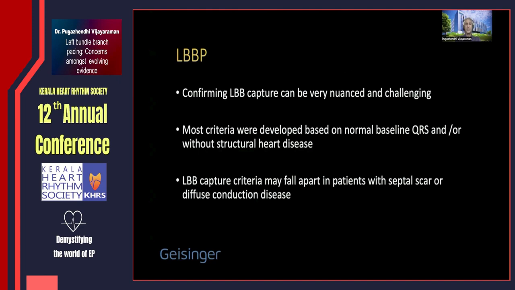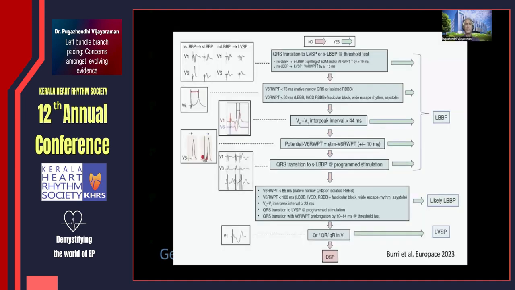It's important to understand that many of the criteria that were developed initially, while highly specific and trying to make it simpler, were based on a normal baseline QRS and patients without structural heart disease or without left bundle branch block. And the left bundle branch capture criteria may not always do well in patients with septal scar or diffuse conduction disease. So you have to understand what the issues are and then approach it accordingly.